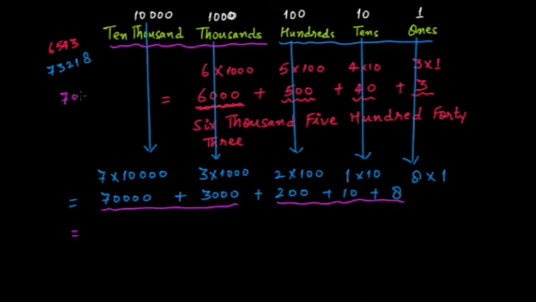If you want to see, then see here. This is 70,000 and this is 3,000. Now when we add it up, 0, 0, 0, 3 and 7. This is 73,000.